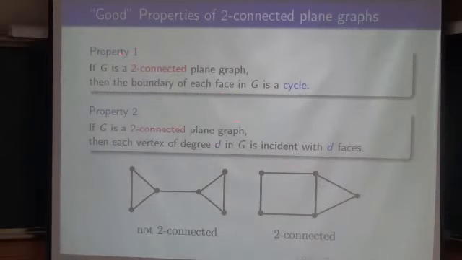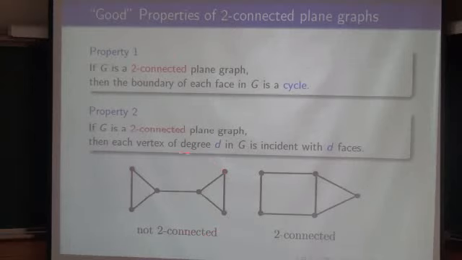The first property is the following. If G is a 2-connected plane graph, then the boundary of each face in G is a cycle. Okay, so I drew two examples. The first example is a planar graph which is not 2-connected, and the second is a plane graph which is 2-connected.